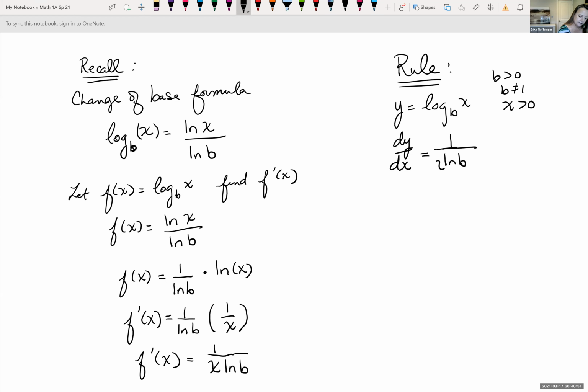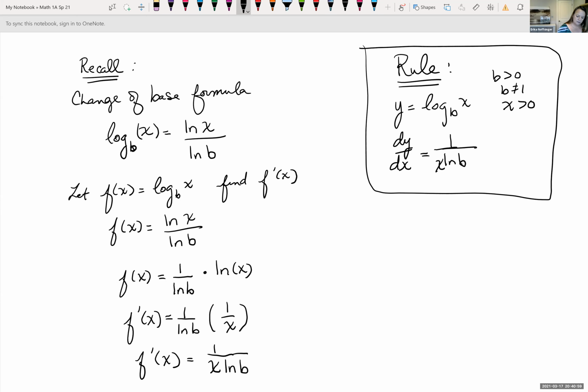I'm going to put the x in front, so 1 over x times the natural log of b. Now we can start taking derivatives when we have logs or natural logs in the function by using these rules. Of course, it's not going to be so simple. We're going to have multiple rules that we have to apply in these examples.